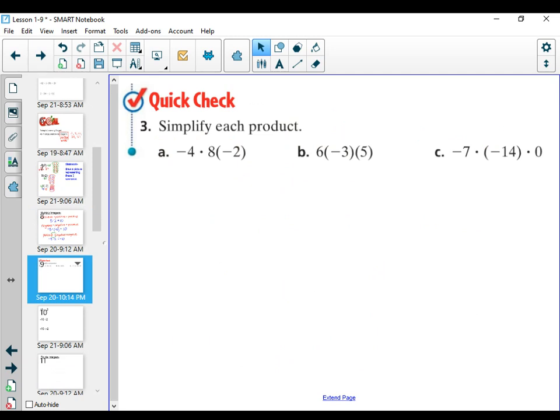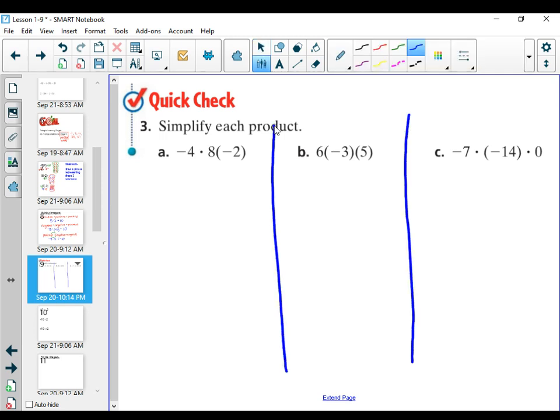On my notes, this is where I like to draw boxes so that I have some room to solve these three. Please pause and solve, noticing they are all multiplying, so I should be going left to right. Start on the left. 4 times 8 is 32.